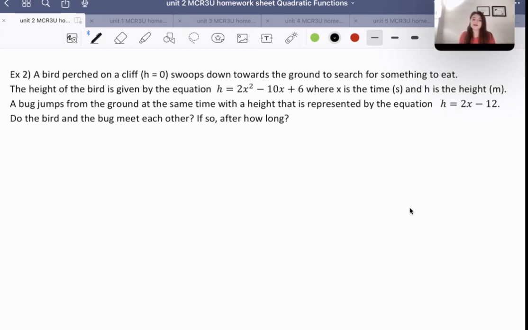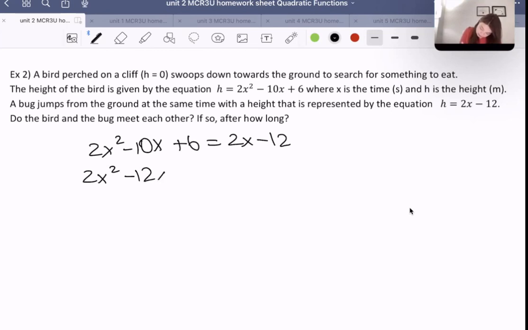So same method here. We're going to find out when, if at all, is it true that 2x squared minus 10x plus 6 is equal to 2x minus 12? So first I'm going to get everything over to one side and get 2x squared minus 12x plus 18 equals 0. Then I'm going to factor out my 2.